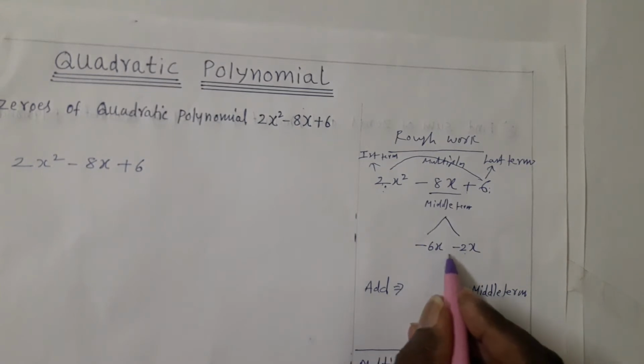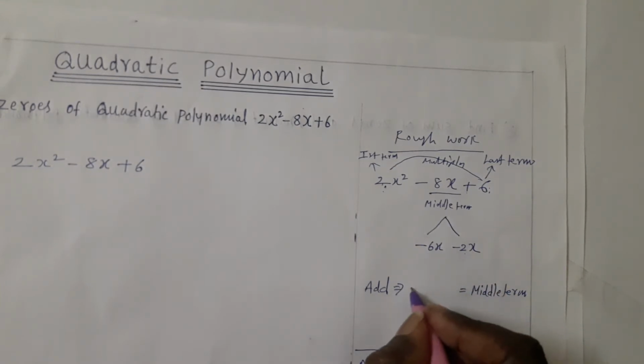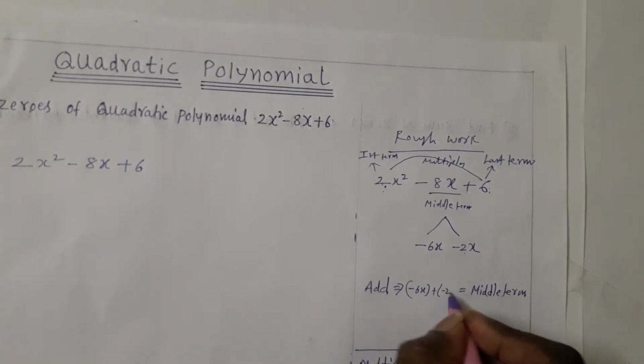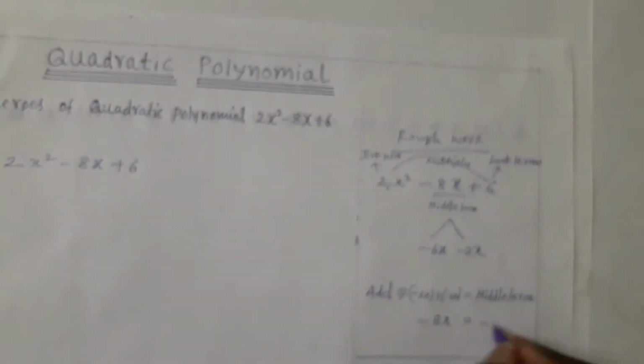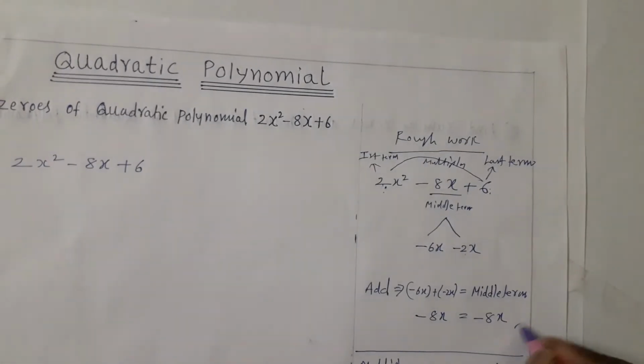Minus 6x plus minus 2x, that is minus 8x. So the middle term is minus 8x. So this is right.